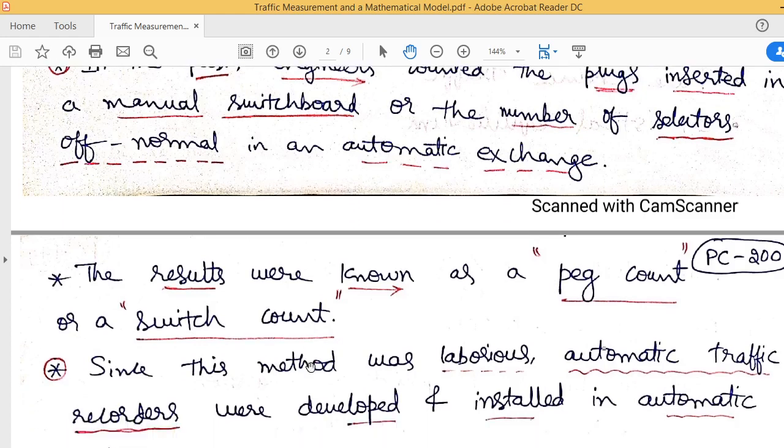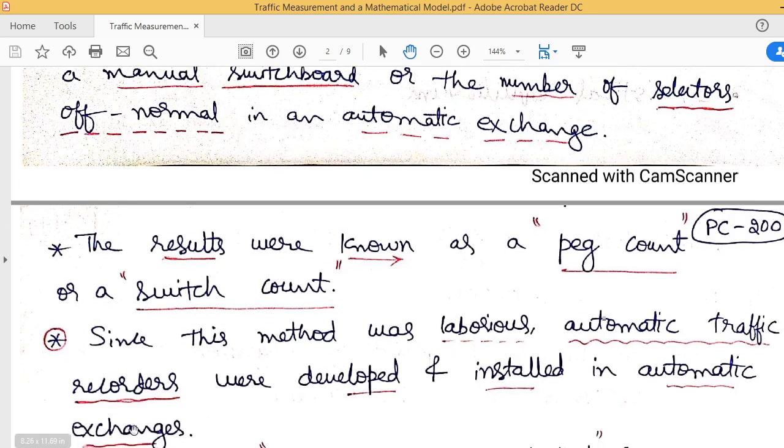Since this method was laborious, automatic traffic recorders were developed and installed in automatic exchanges. Counting selectors off normal in automatic exchanges is somewhat laborious, so automatic traffic recorders were installed inside an automatic exchange.